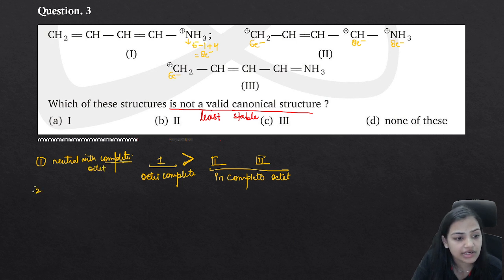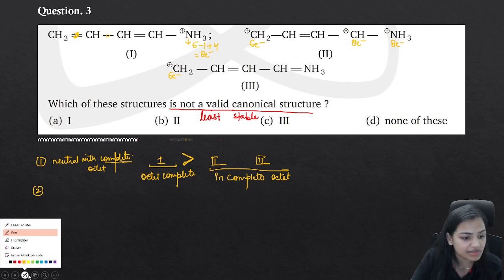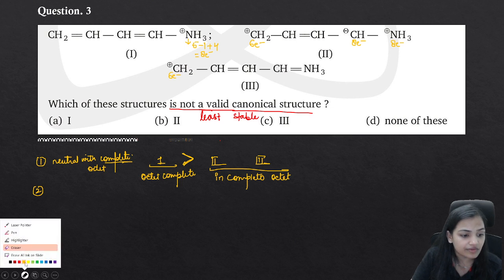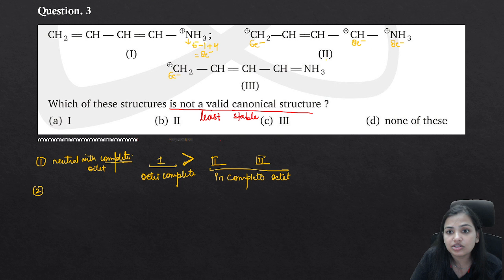Now the second point says to count the number of bond orders, the bonds which are visible to you. 1, 2, 3. The first is stable, so there is no point in comparing further in structure number 1. If the first is stable, it's stable. Now we will look at structure number 2 and 3.